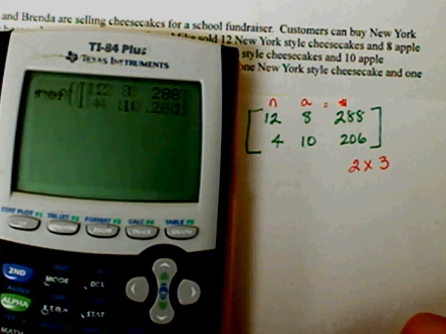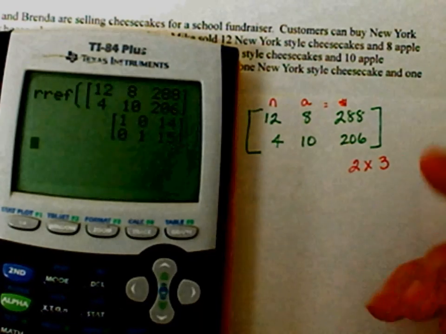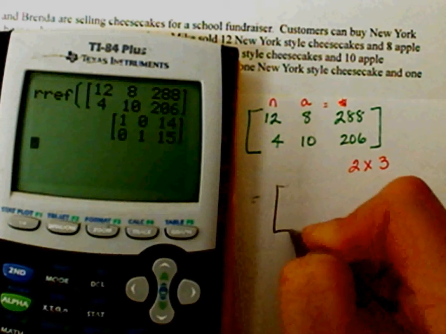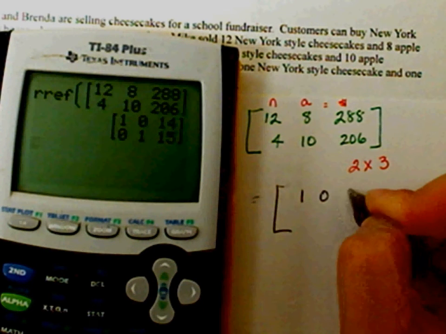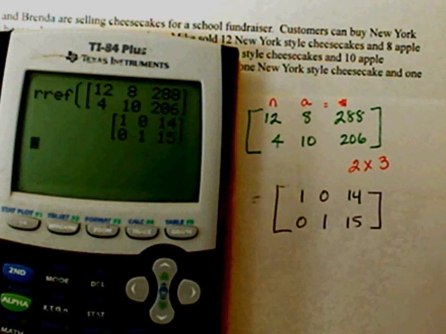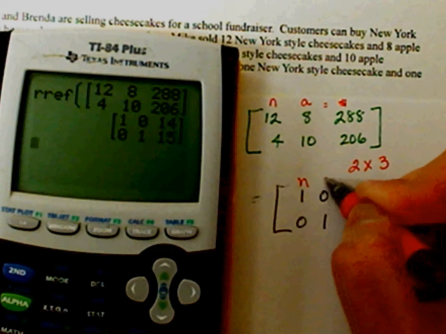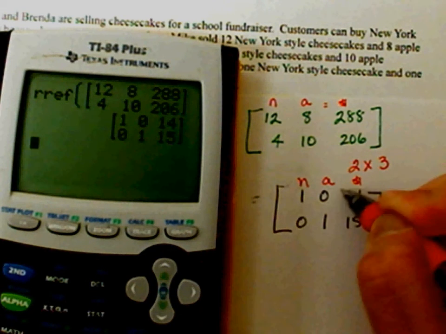And now push enter. Notice what solution you have. Here is your solution. 1, 0, 14. 0, 1, 15. Let me explain to you what these numbers mean. Here is your N, here is your A, and here's the cost. There's an equal right here, okay?